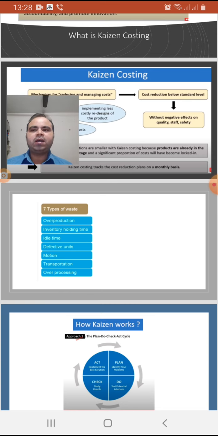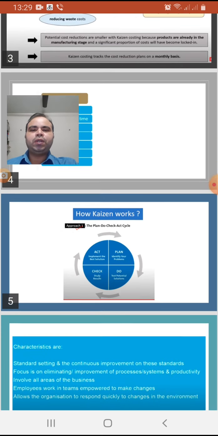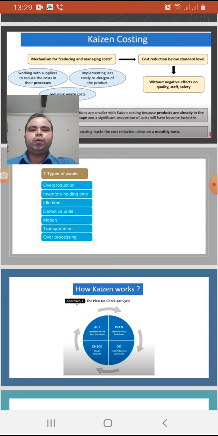So, how does the mechanism of reducing or managing cost work? In Kaizen costing, people work continuously with suppliers to reduce cost in the process, implement less costly redesign of the product, and reduce waste.